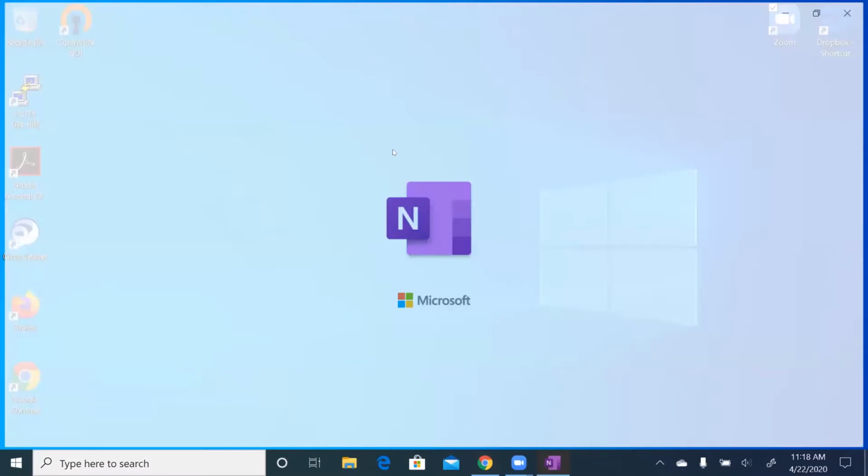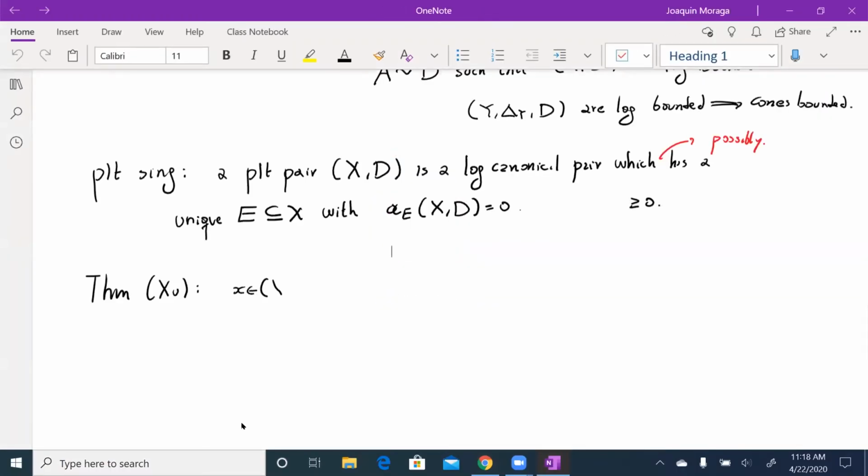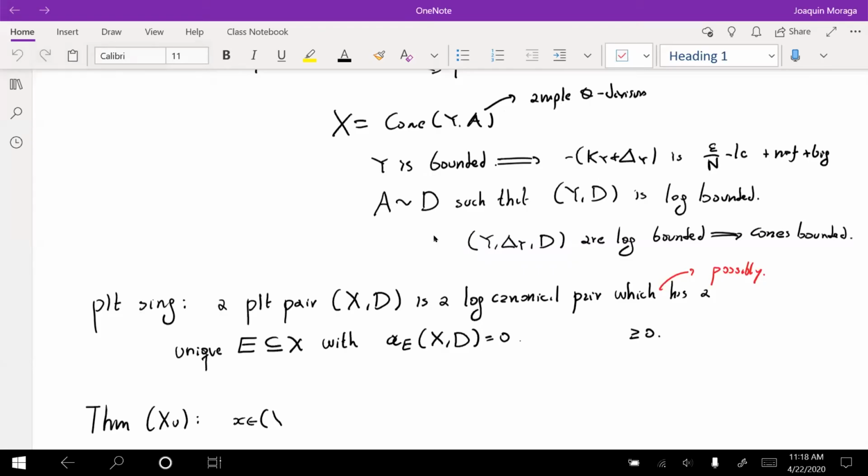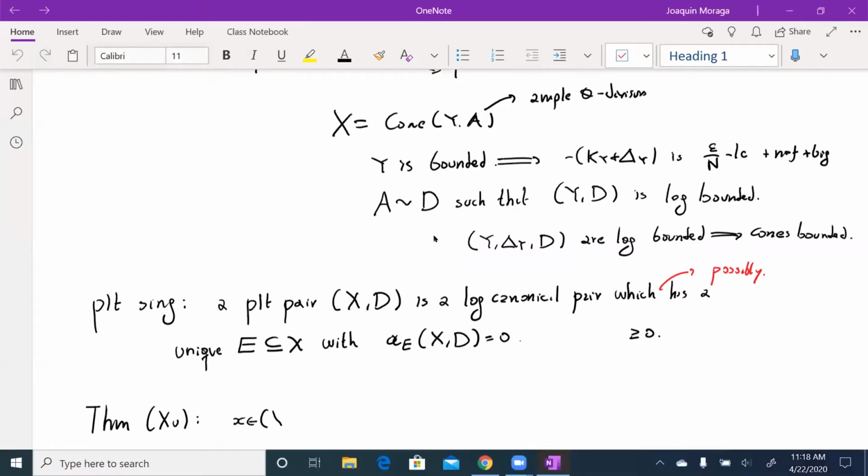Sometimes when I write too much, the tablet needs a second. Okay, I just reopened it. Oh no, it's still frozen. This may take a second, sorry for this.